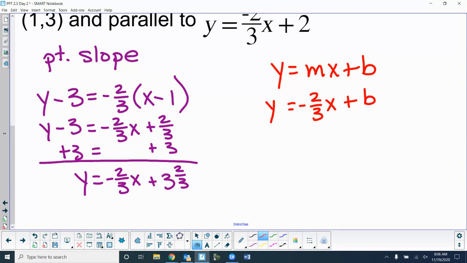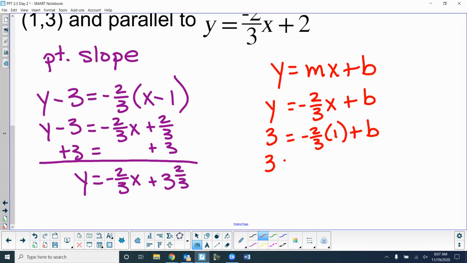So you can put 3 in for y and 1 in for x and figure out your b. Now when I'm done, what should my b equal when I finish this up, since we already did it over there? 3 2/3, right? Okay, let's see if that happens.